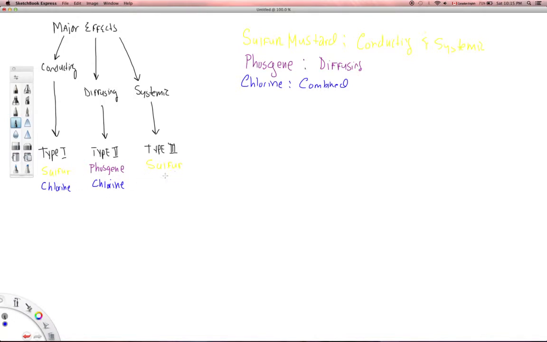All right, and then another one, make that red, another example might be something like cyanide.